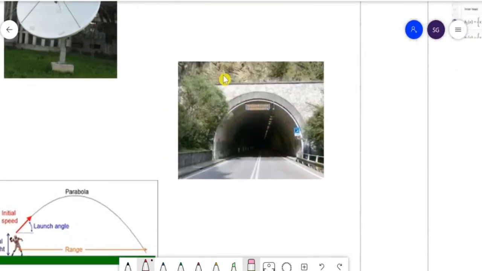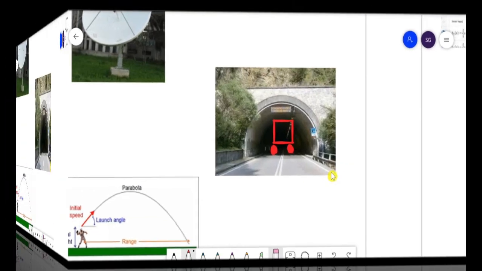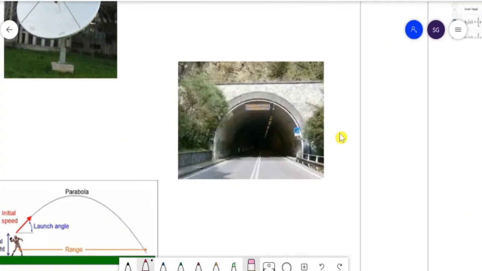Another example is designing a tunnel. You have the dimensions of containers. For huge trucks, we want the trucks to be able to travel not in the middle, but we consider the maximum height of each truck so that it can travel in one lane.